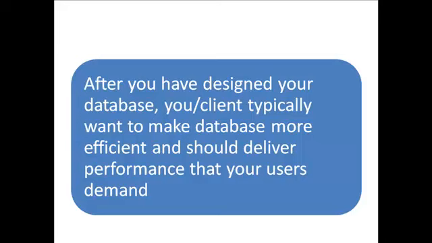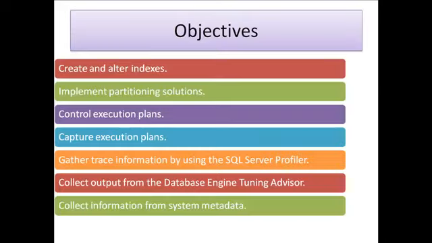So we're going to discuss our agenda in this series. The main objective is the general view of a developer to improve the performance of a query. Indexes play a main role in improving the performance of a query. The second one is partitioning solutions.